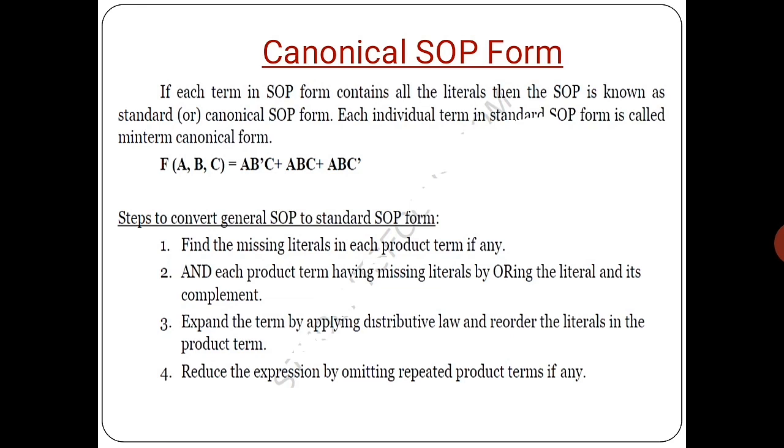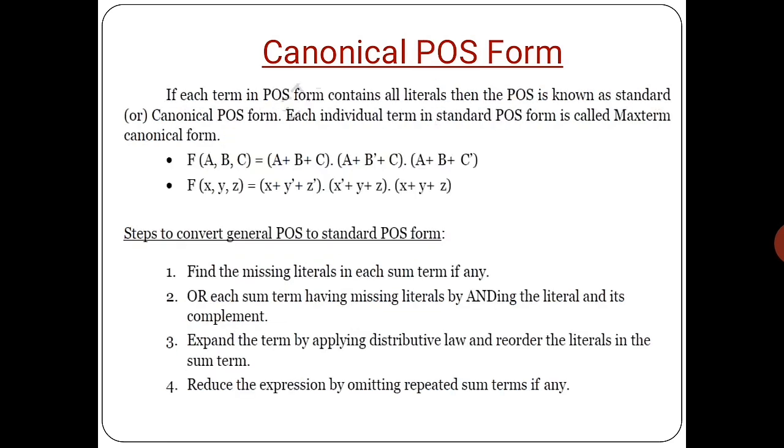After that we are going to get the result. And the canonical POS form is also the same concept. In each max term all the literals, or otherwise variables, must be present, or otherwise it will be represented as a non-canonical POS form.